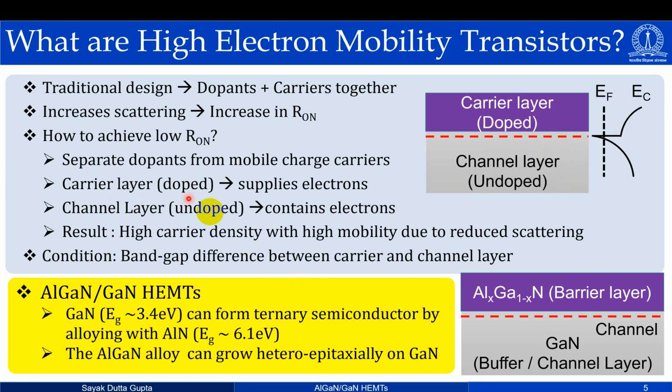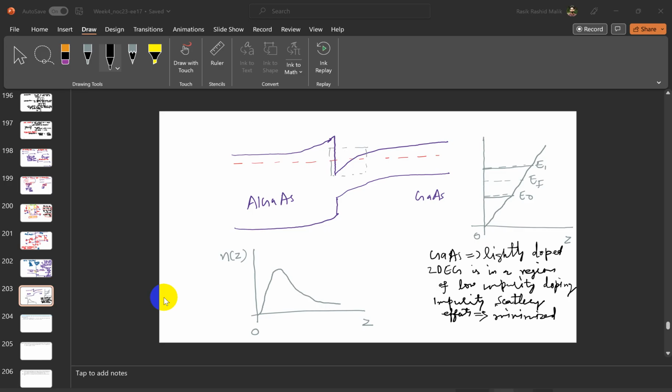Okay, so let me go back to my slides. So this is the advantage of these heterojunctions. We have the motion confined in a plane which is parallel to the interface, and we will have limited impurity scattering, and we can further improve it.